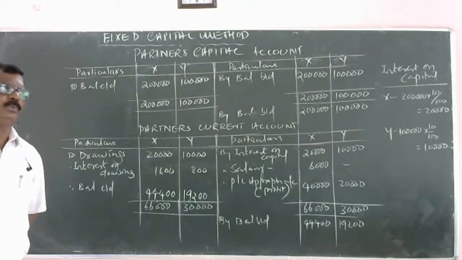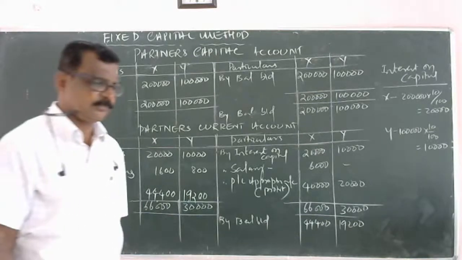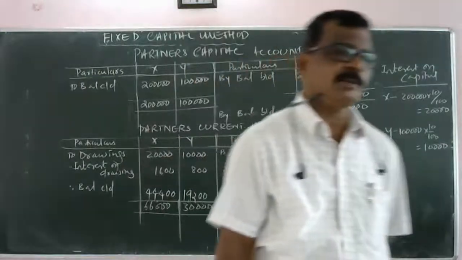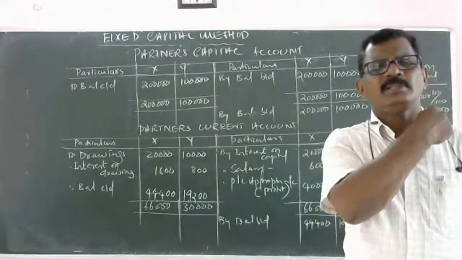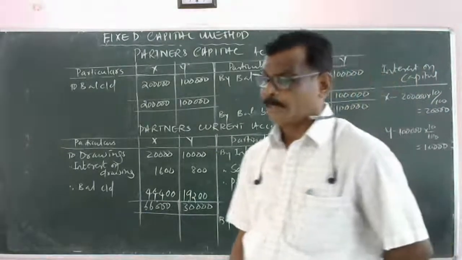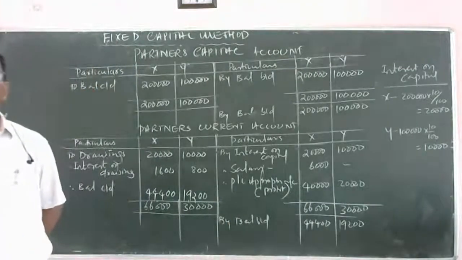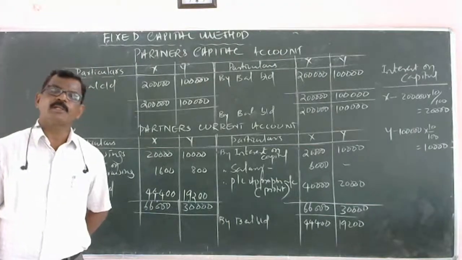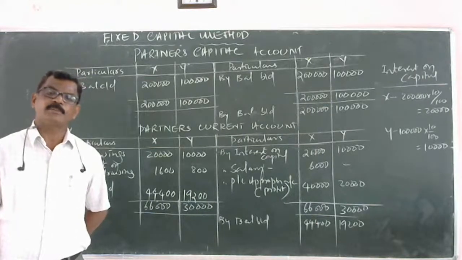So this is how you have to prepare partners capital account under fixed capital and fluctuating capital. There is no problem on fixed and fluctuating, but a practical oriented question will be asked on this. How is a practical oriented question asked here?